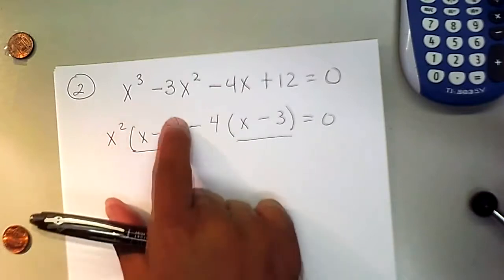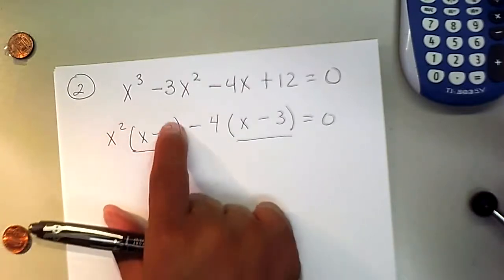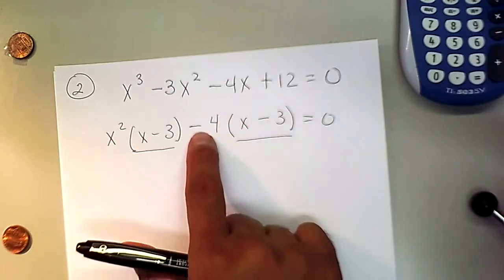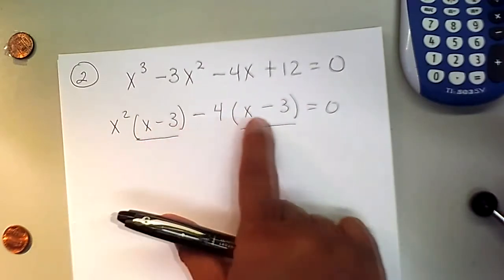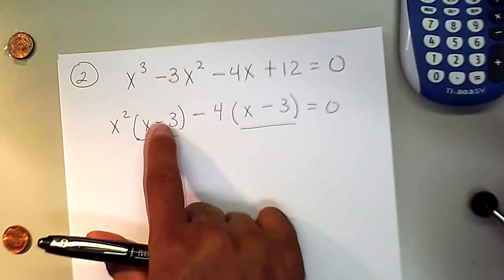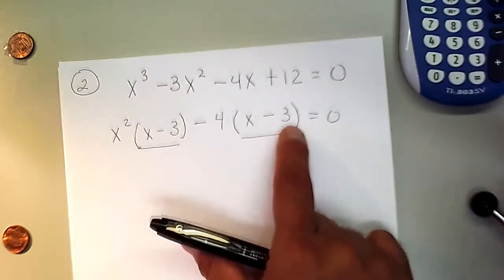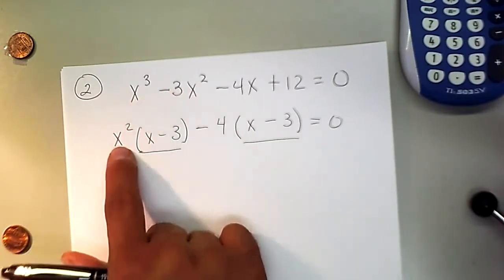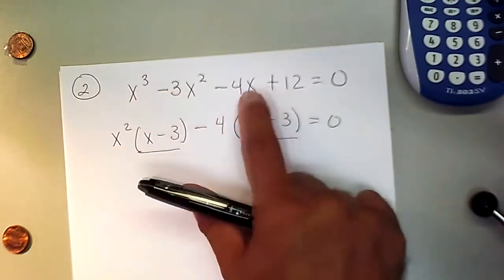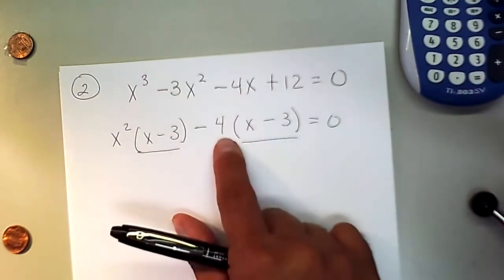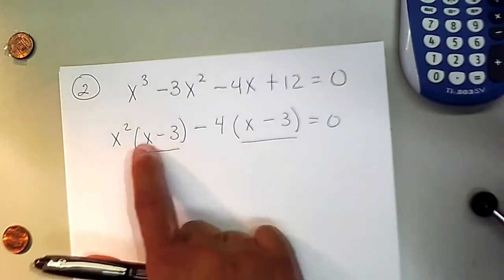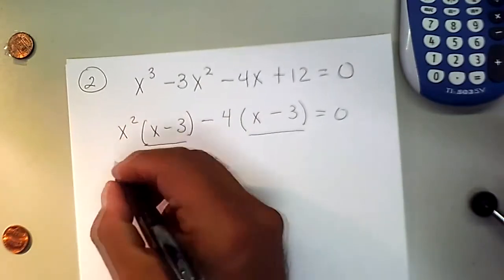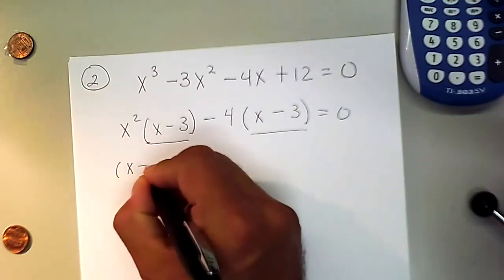We have two big terms. This that I'm pointing to is a term. This is another term, and we are subtracting the 2. Okay, they have something in common, x minus 3 and x minus 3, just like those two had something in common. What do they have in common? X squared, so that got factored out. Those two have something in common, 4, so that got factored out. Those two have something in common, x minus 3, so that gets to be factored out.